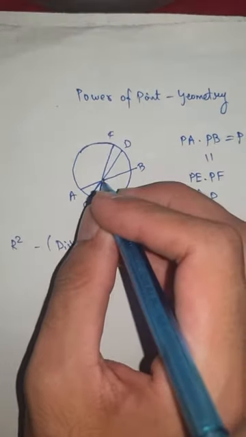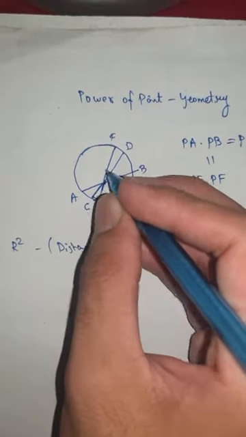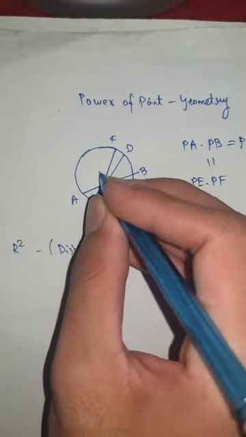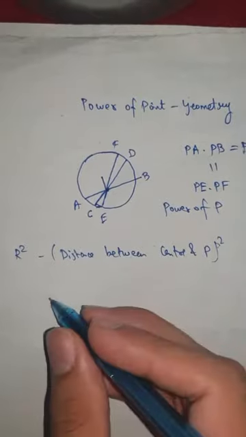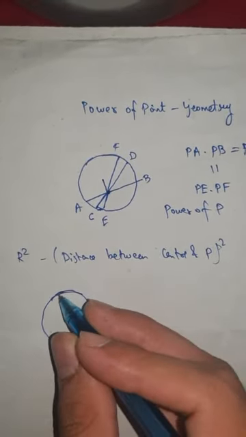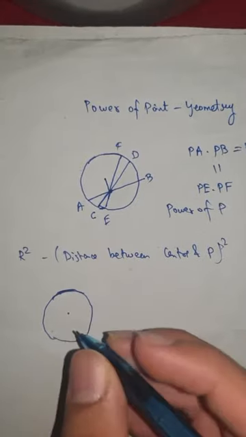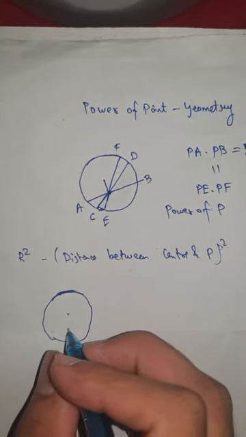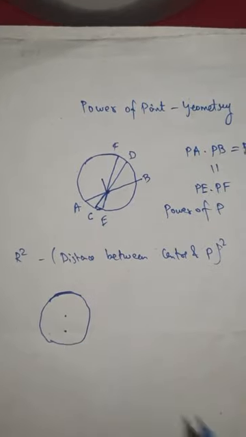If this is a point P and suppose the center is here, we draw a chord passing through P such that P is the midpoint.